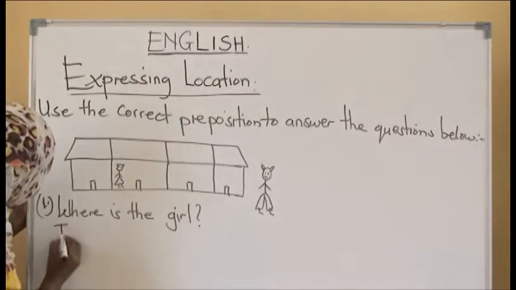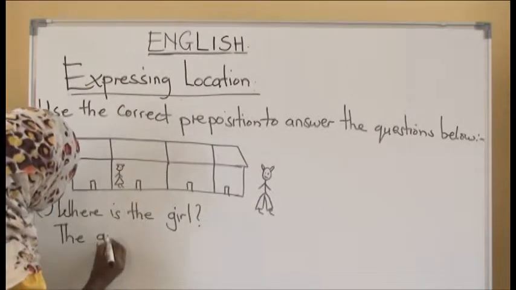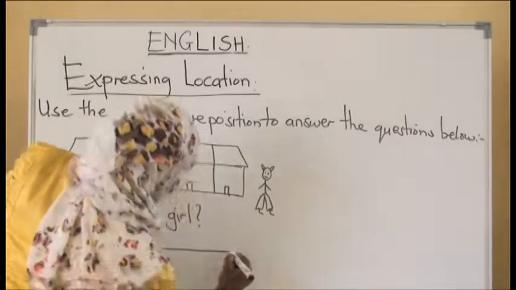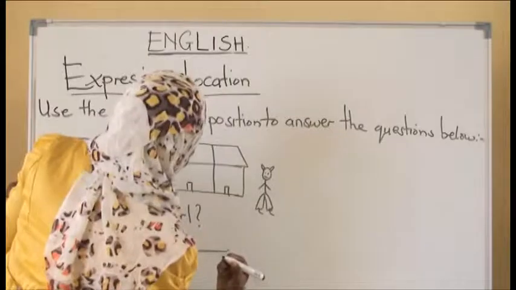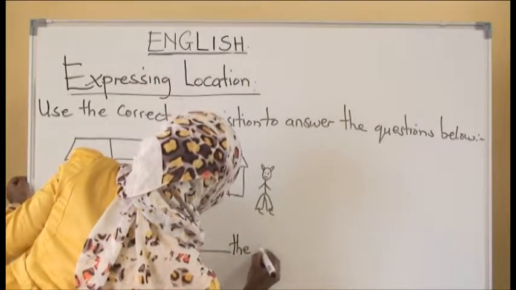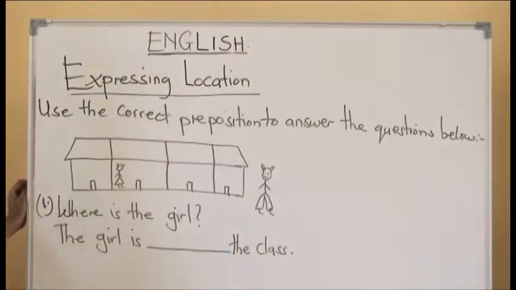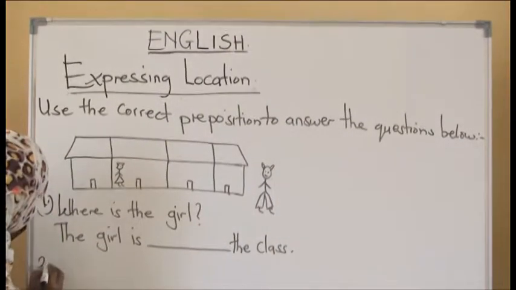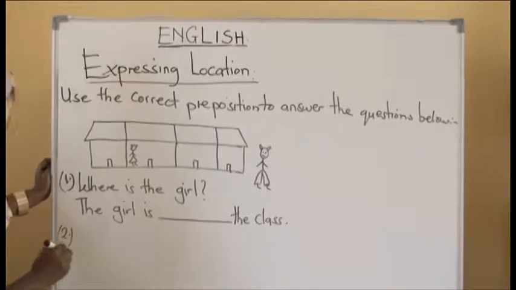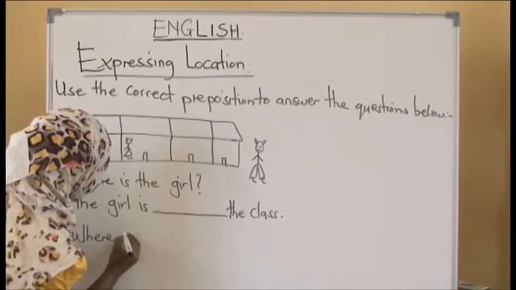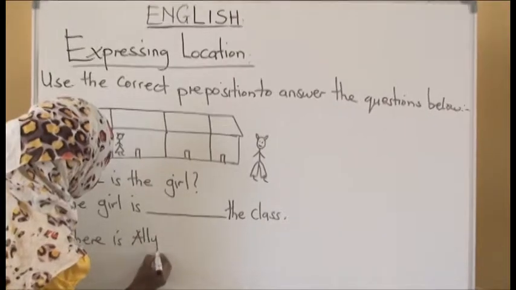Here, you are going to say the girl is, fill in the correct preposition there, class. Then, the second question is asking, where is Ali?